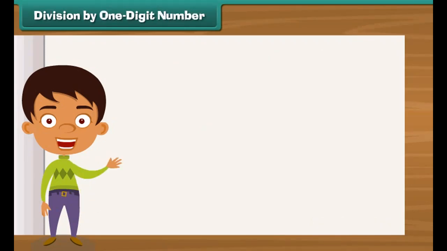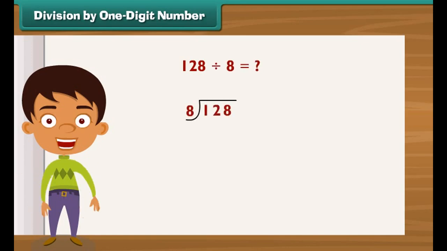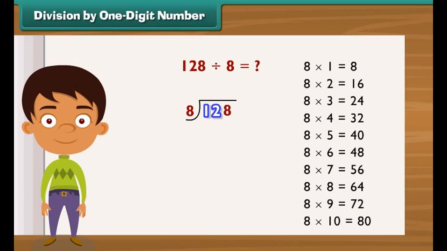Division by one-digit number. Let us now divide 128 by 8. Since 1 is less than 8, we will divide 12 by 8. Recall 8's table. 8 ones are 8. 8 twos are 16. 16 is greater than 12. So we use 8 ones are 8. Write 1 above 128.